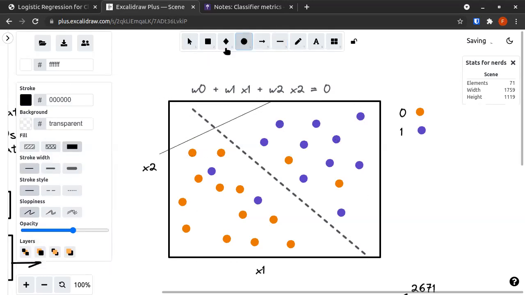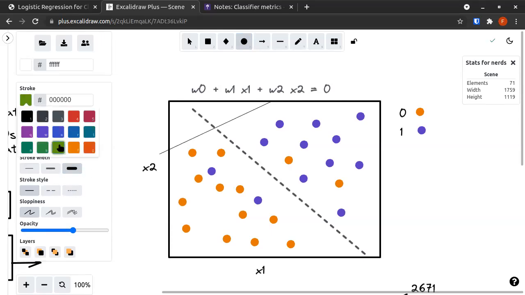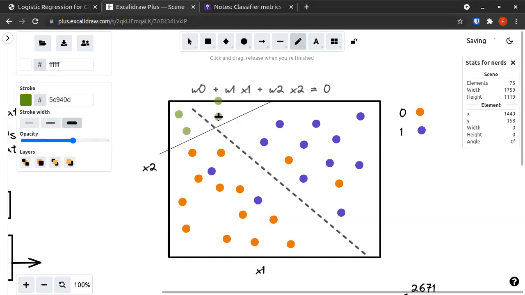Okay, so let's say we have another class here. So if you find that, for example, your point is over here, you'll have a very large value for this line and a much smaller value for this line. So then you'll find that your g sub k for the green class is close to 1. Your g sub k for the purple and orange classes are close to 0.